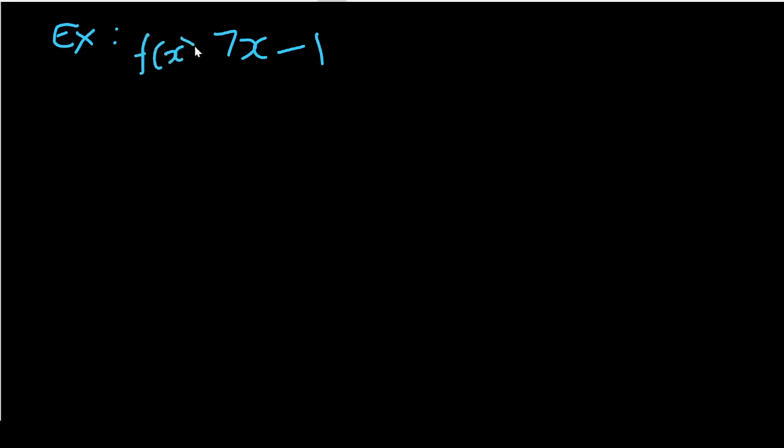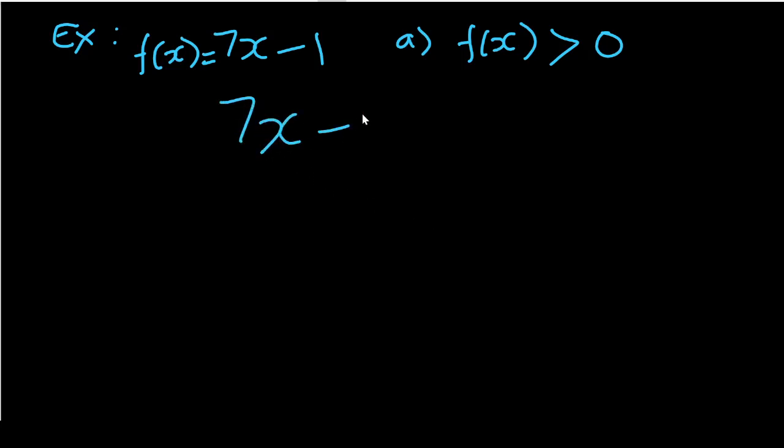Let's take an example of a linear polynomial, guys: 7x minus 1. Let's name this f(x). I am interested in finding when f(x) is positive, so I will write 7x minus 1 greater than 0.